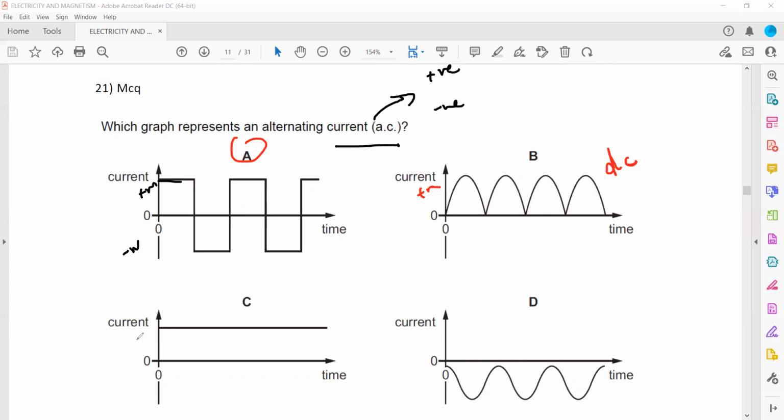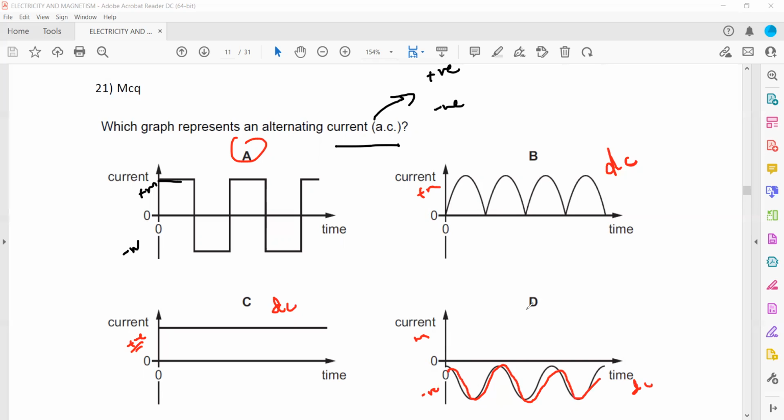What about C? In C also we are using only one part of the axis, positive Y. So that's why it is also DC. What about D? We are using the negative axis. We are not using a positive axis. So only one axis is used. That's why D is also DC. So to represent an alternating current, we should use both axes.